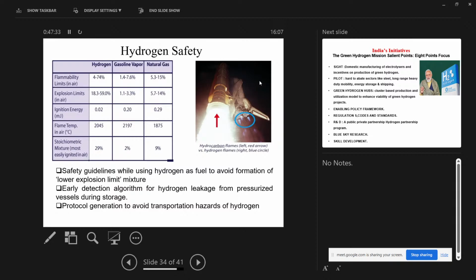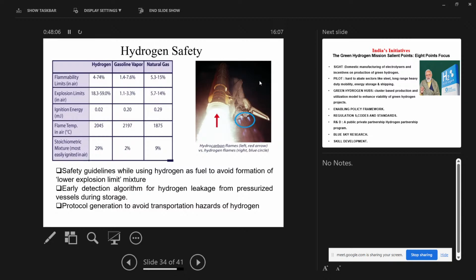So what is the strategy for how the hydrogen is going to be safely stored? This will give you an idea. Hydrogen versus gasoline vapors and natural gas, if you see the flame temperature, hydrogen has a flame temperature of 245 degrees C. While in the case of gasoline vapors and the other natural gases, you can see on the right hand side, when the hydrocarbon is burned, it comes with a red flame.